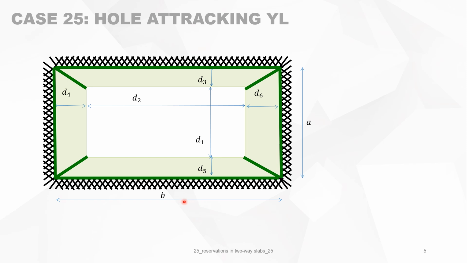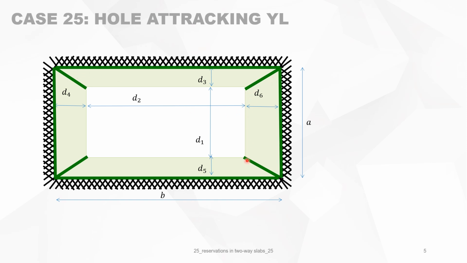Consider a rectangular slab with a reservation in it, D1 over D2, and the position is D3, D4, D5, and D6. We use the method of subtracting yield lines, just the corner of the reservation will go to the axis where the axis of rotation crosses, independent of the angle.